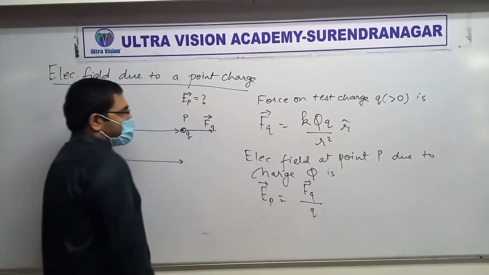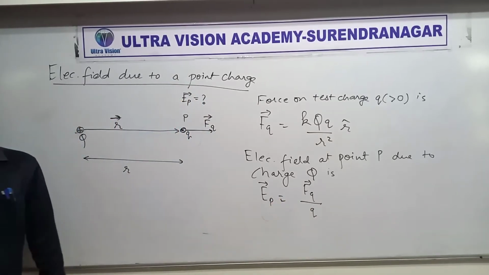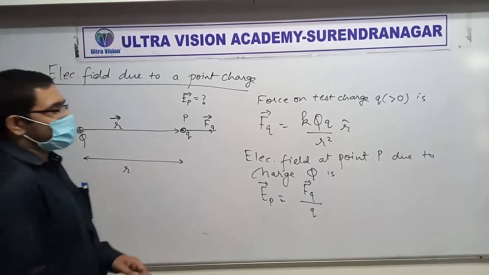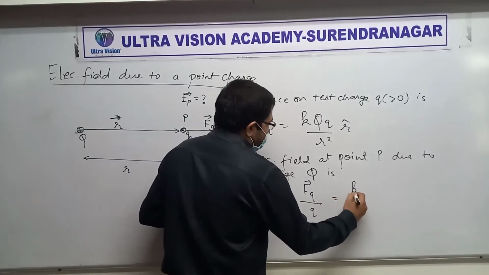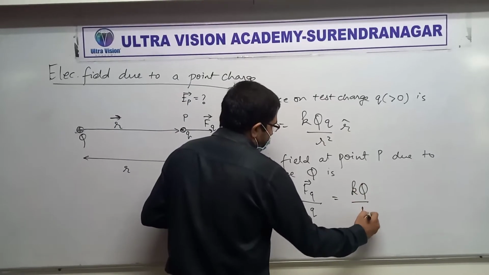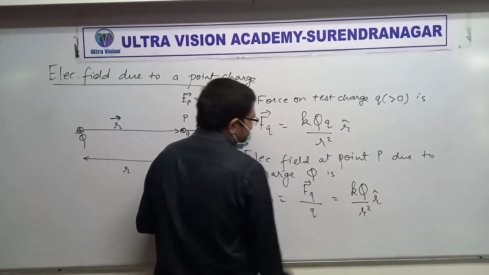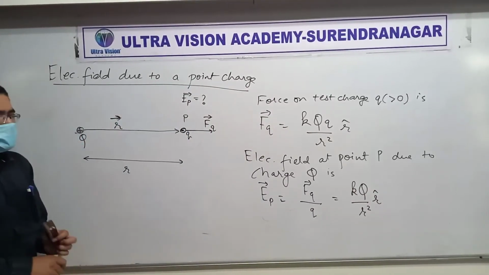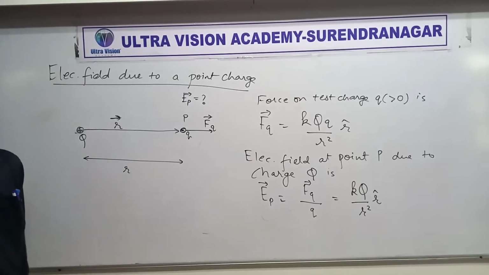Can you divide it yourself? What do we get? Yes, we will get only KQ by r square r hat. E_P, electric field at the point P, is KQ by r square r hat.